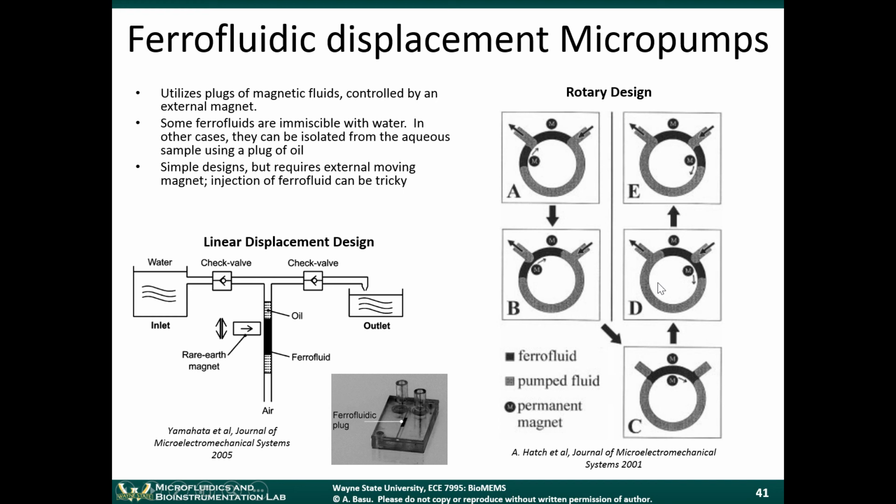So it's similar in concept to a rotary pump. In this diagram, these M's are the locations of the magnet. The black regions are the ferrofluid, and the gray regions are the sample fluid, the thing that you want to pump. So these are pretty simple designs, but it does require a ferrofluid. Ferrofluids are available, but integrating them into a microfluidic chip can be a little tricky sometimes.